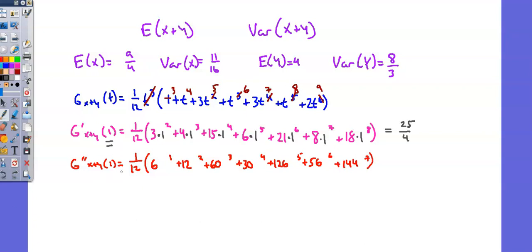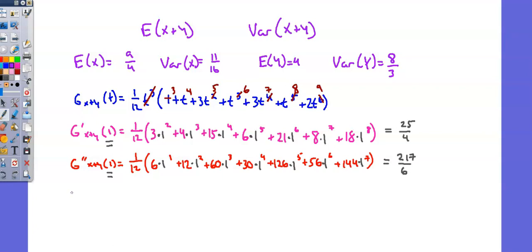And again, I'm replacing t with an input of 1. So I end up with wherever I had a t, the multiplication by 1 to the appropriate power, with a result of 217 over 6.